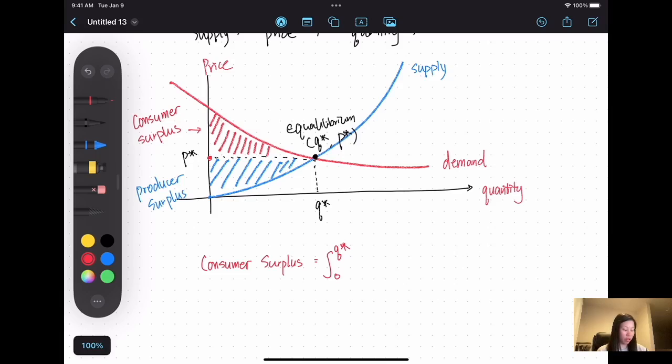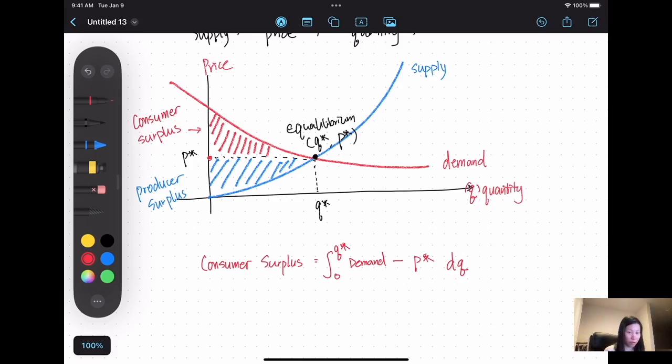Well, it's going to be the line from the demand function, whatever that is, and then subtract y equals P star. So that means subtract P star and differentiate with respect to q, because our horizontal axis is q, quantity.